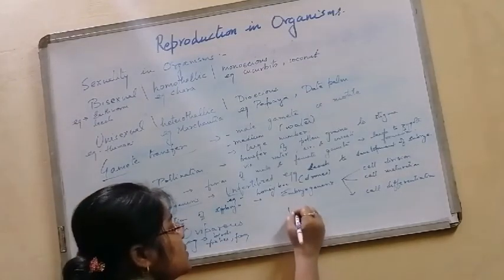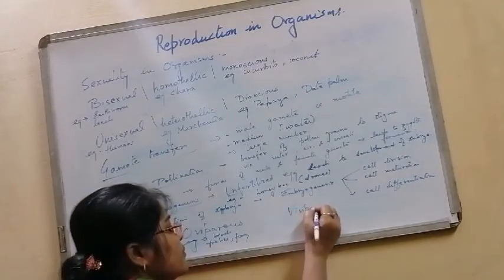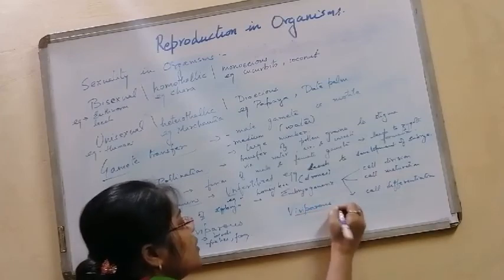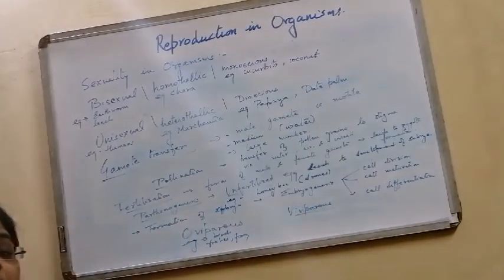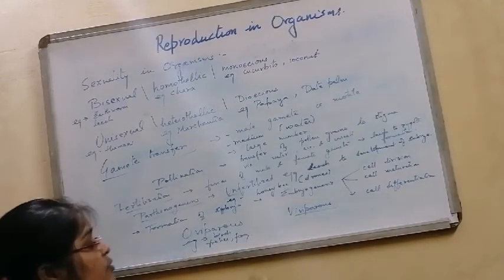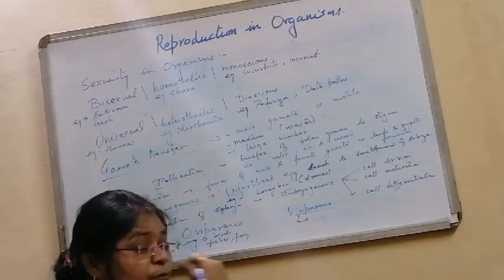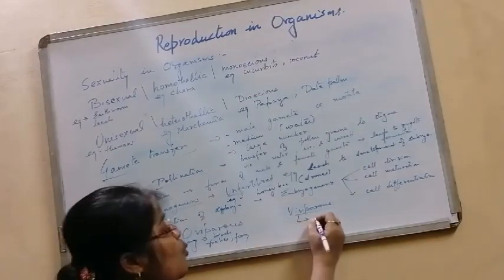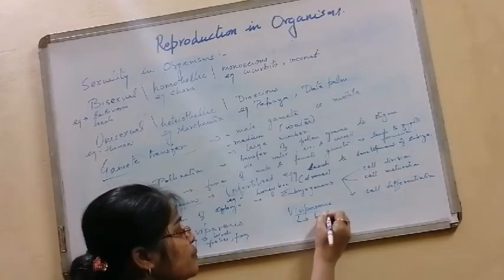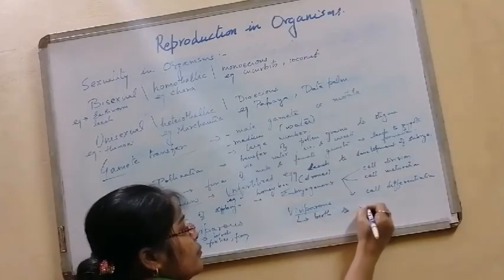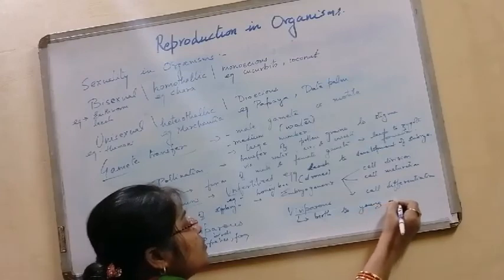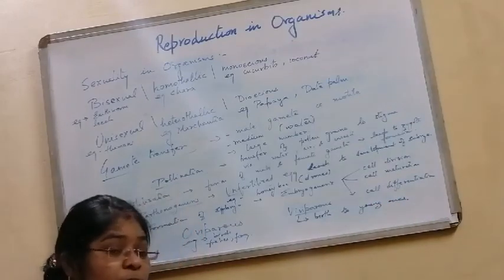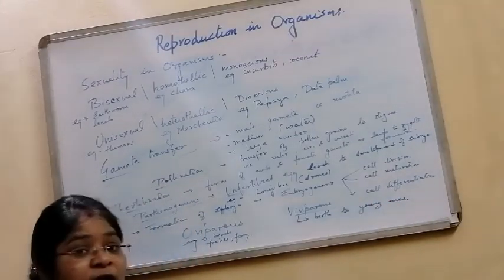And viviparous organisms are those where embryogenesis, or development of the embryo, takes place inside the mother's body, in the womb, isn't it? And they give birth to young ones. And which major category comes into this group?